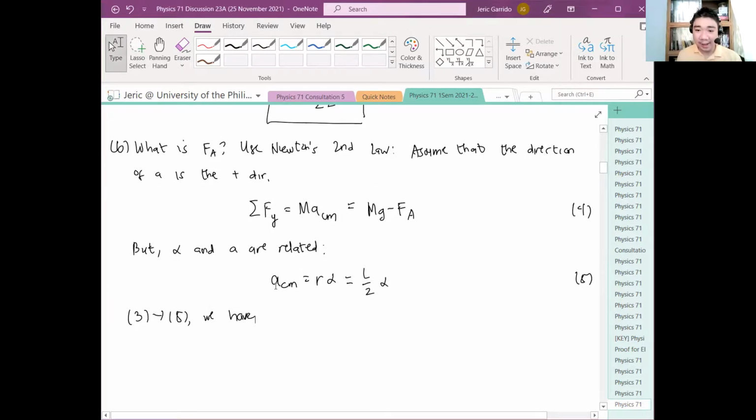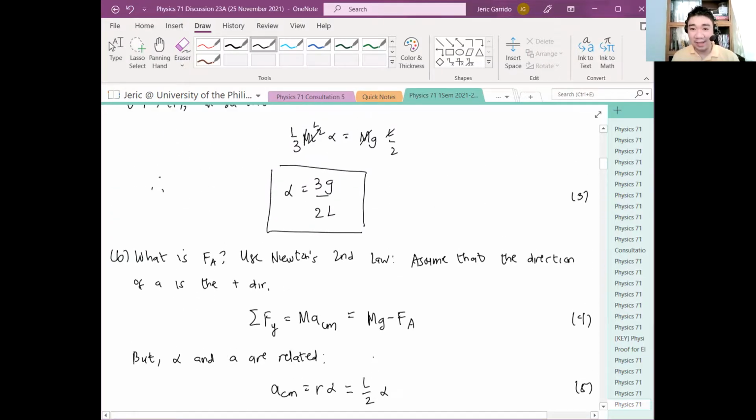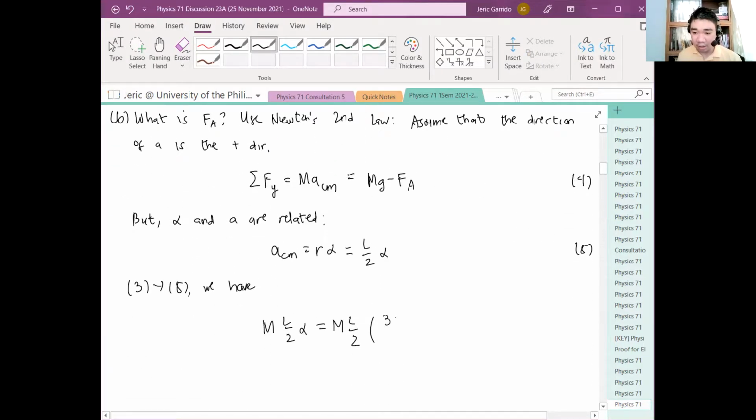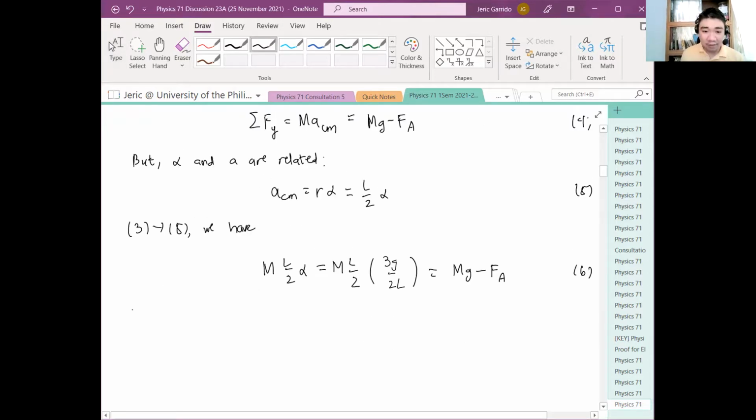We have M L over 2 alpha, which is just equal to M L over 2 times what is alpha? This is 3g over 2L, equals mg minus FA. This is equation 6. Now, I can solve for FA kasi yun naman ang hinahanap. Solving for FA, we have FA equals mg.